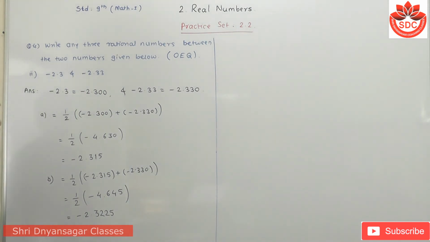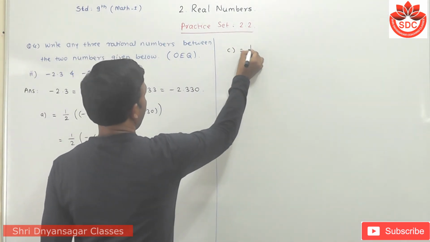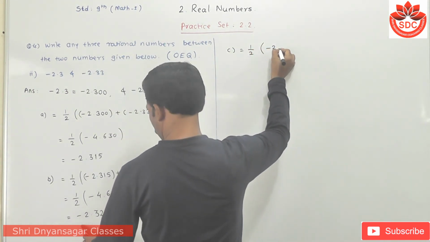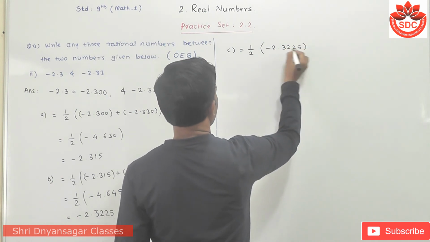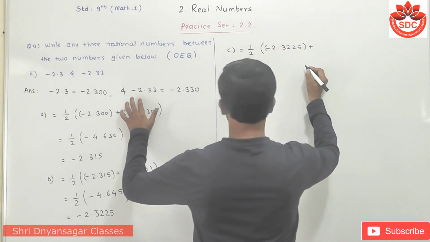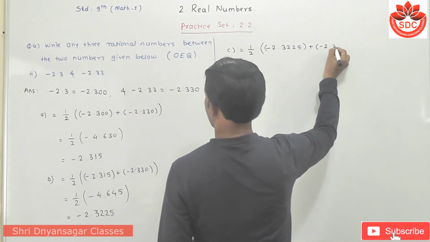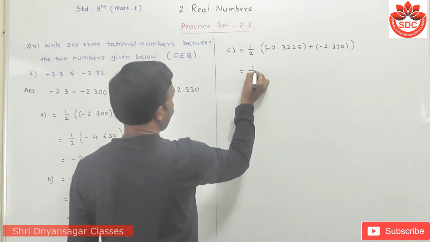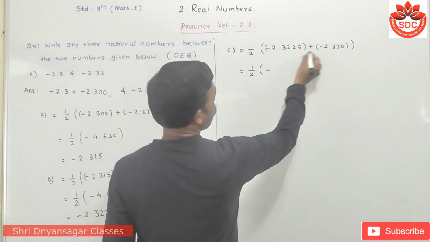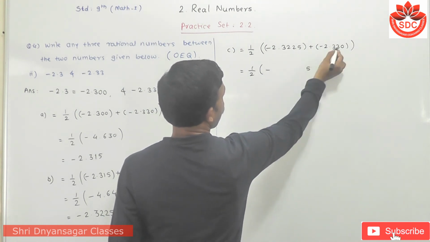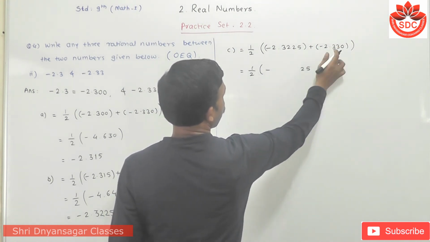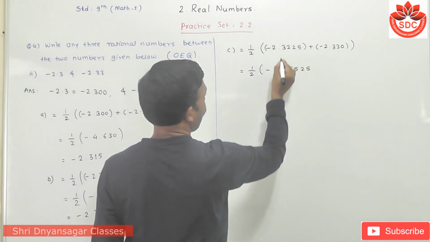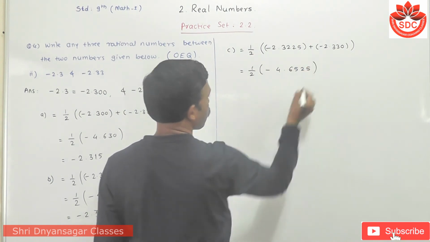Then we find the next number in such a way that by taking its half, we take another number. Suppose -2.3225 plus again I take this number, -2.330. Student, when we add it, we get half into minus, this 5 as it is, then 2 as it is, then 2 plus 3 becomes how much? 5, 3 plus 3 becomes 6 and then 4 point something.